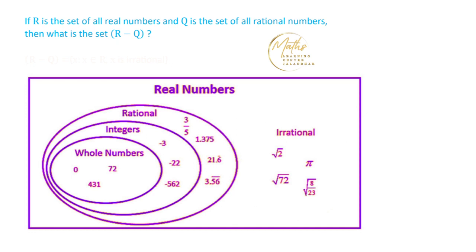The real numbers which are not rational numbers are called the irrational numbers. So R minus Q is equal to the set of those x such that x is a real number and x is irrational. So when we write the set of irrational numbers, we can write it in the form R minus Q.